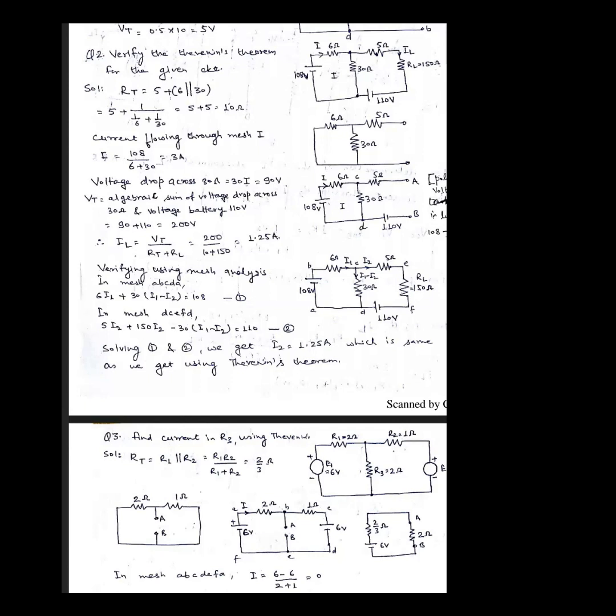As I have told you, the process to be adopted for calculating the Thevenin resistance is to make short the battery sources. Suppose this is a battery source, it is to be shorted, this is to be shorted, and this load resistance should be open.